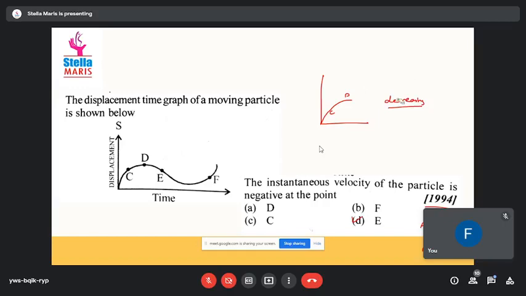Very good. And in a displacement time graph, if the curve is a straight line like this, we can say the velocity is constant. But if the curve is like this, what will you say? It is moving with negative velocity.